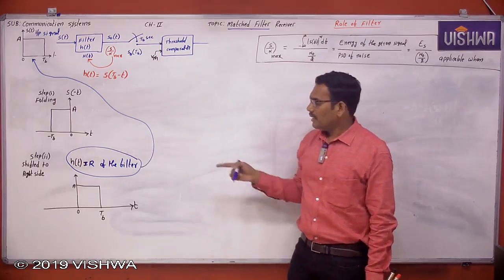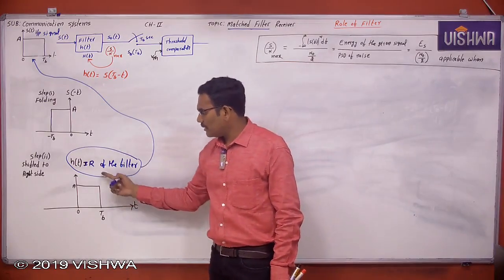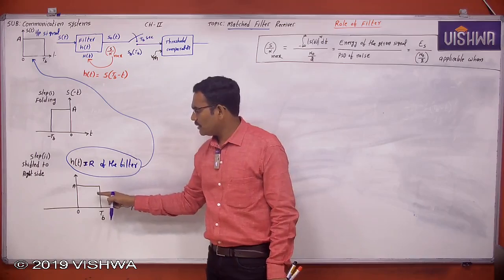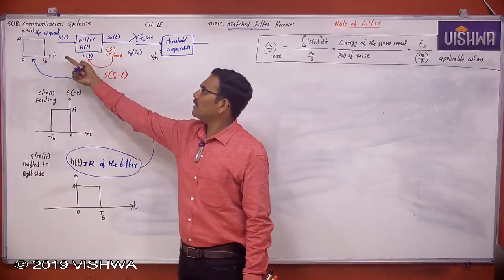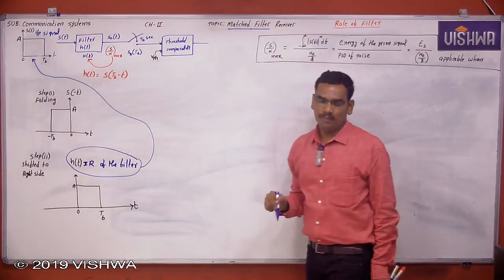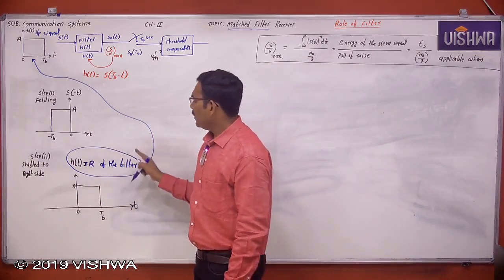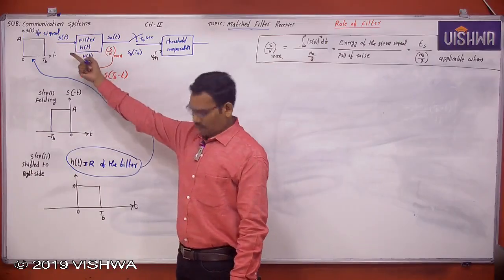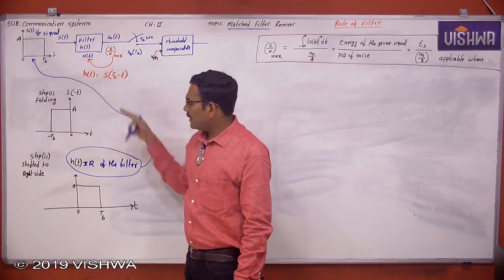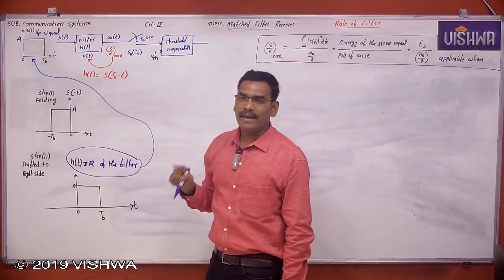Listen carefully. The impulse response of the filter is matched with the input signal, then this filter is said to be matched filter. Whatever the impulse response of the filter will be same as that of the input signal, that filter is said to be matched filter.